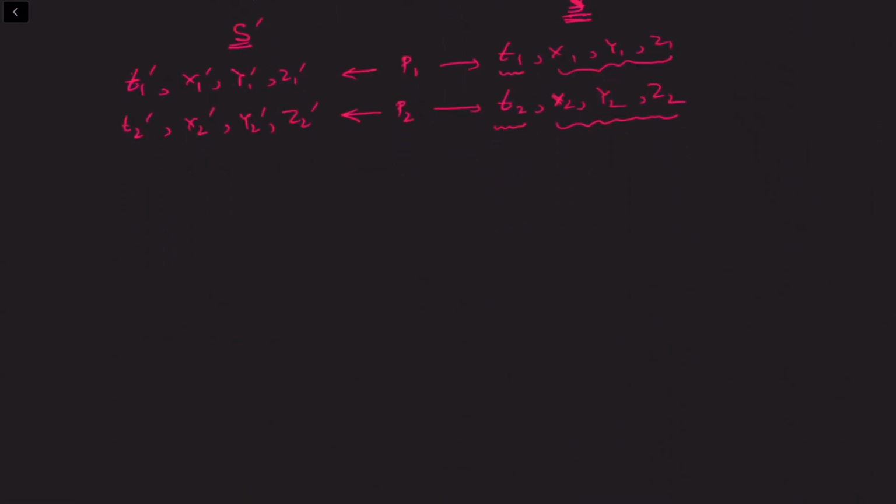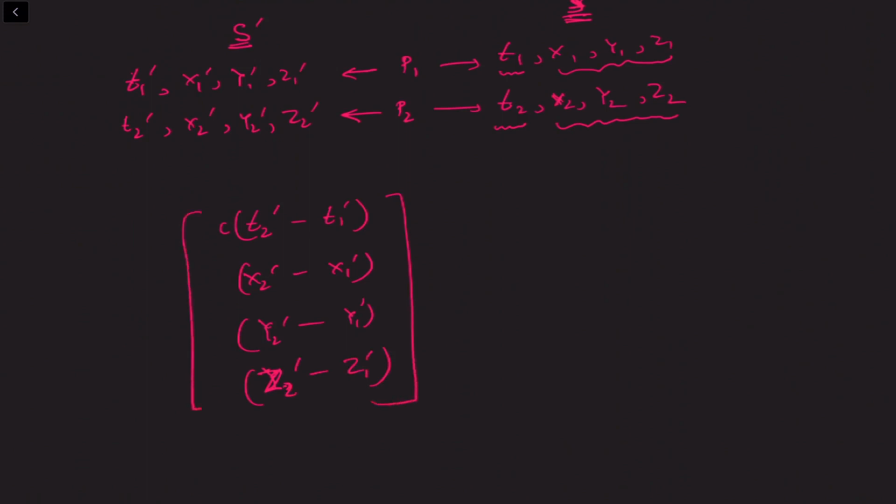Now, the transformation between the difference between these two space-time points, that is, if I take t2 prime minus t1 prime, x2 prime minus x1 prime, y2 prime minus y1 prime, and z2 prime minus z1 prime, and ask how is this related to t2 minus t1, x2 minus x1, y2 minus y1, and z2 minus z1.